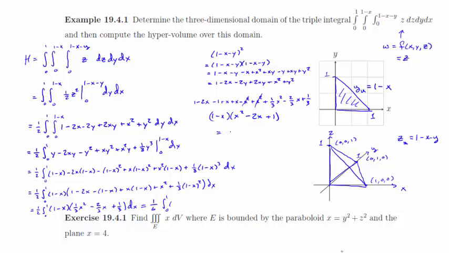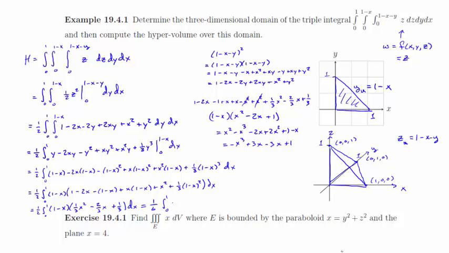This equals x squared minus x cubed minus 2x plus 2x squared plus 1 minus x, which equals negative x cubed plus 3x minus 3x plus 1.